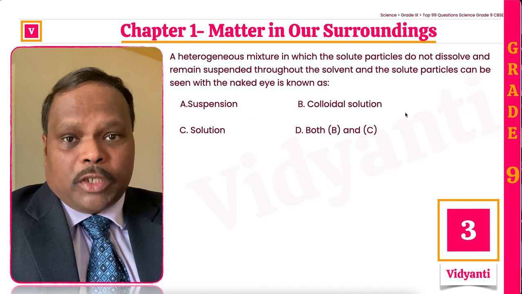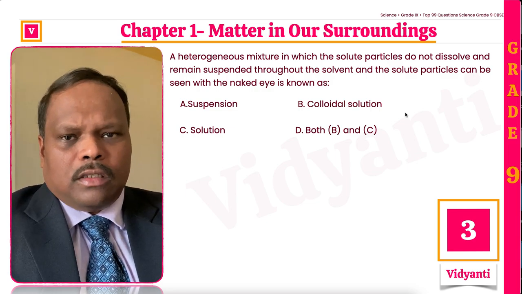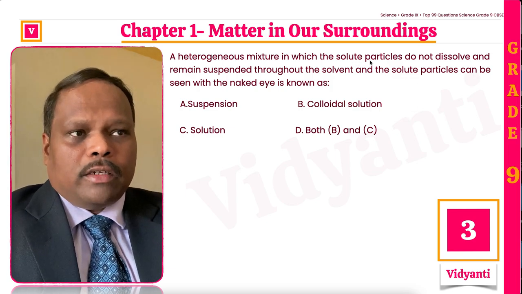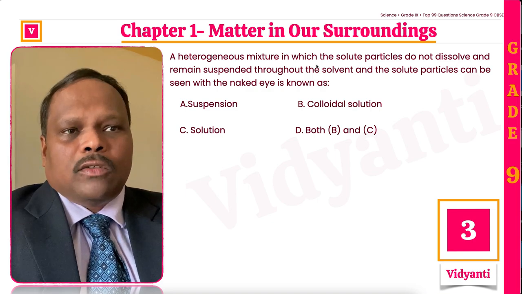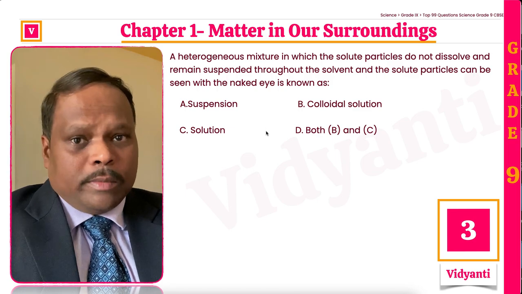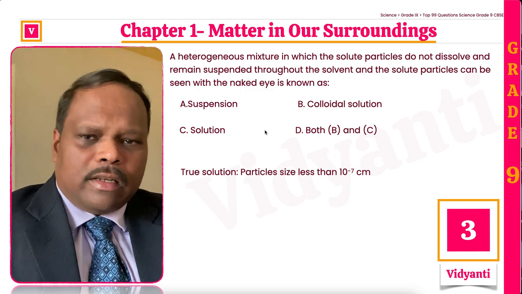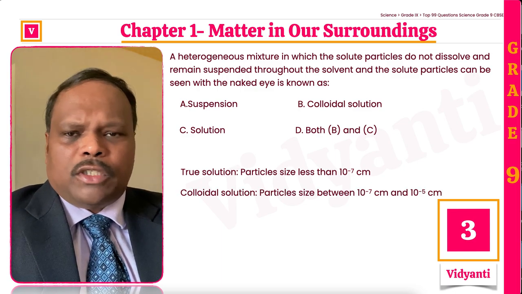A heterogeneous mixture. Heterogeneous means it's not homogeneous. The phases are distinct, in which the solute particles, the things which are dissolved, do not dissolve and remain suspended throughout the solvent. Let's see what are the possible scenarios. True solution, where the particle size is less than 10 raised to minus 7 centimeter. Colloidal solution is kind of intermediate.